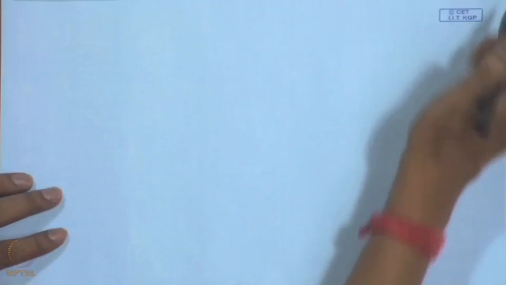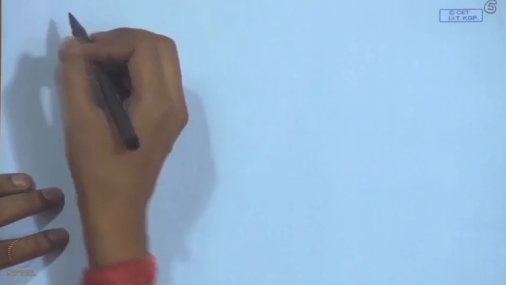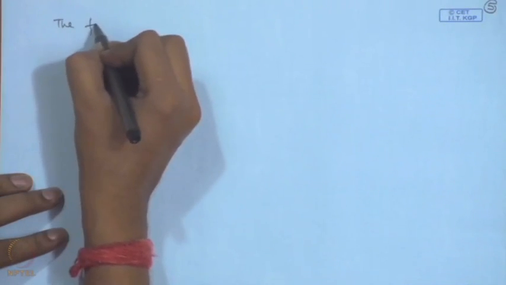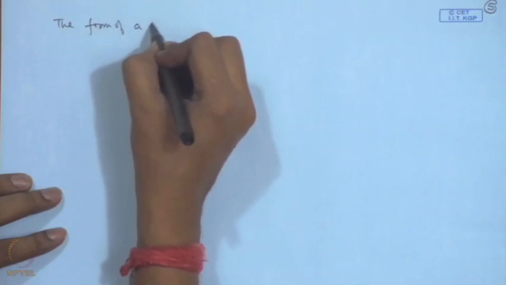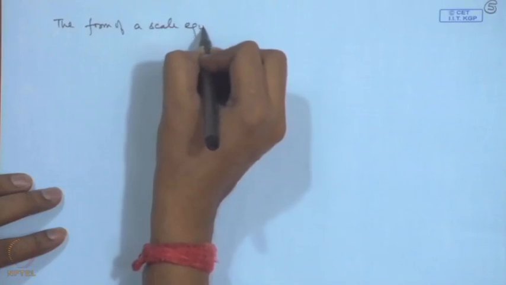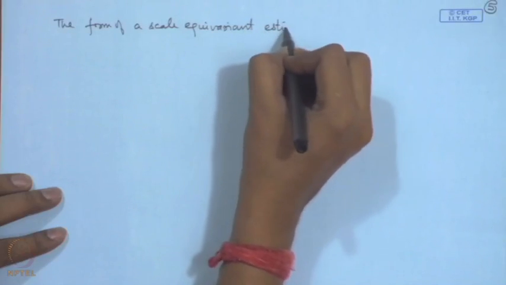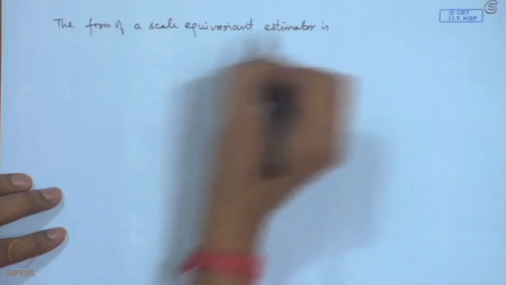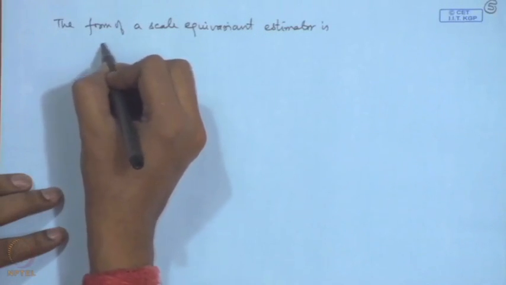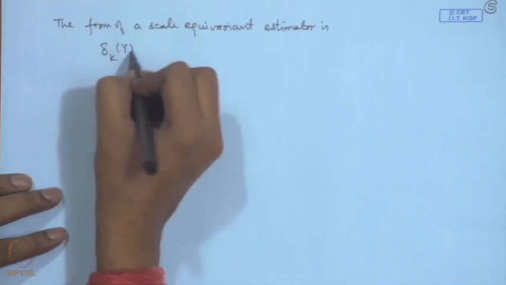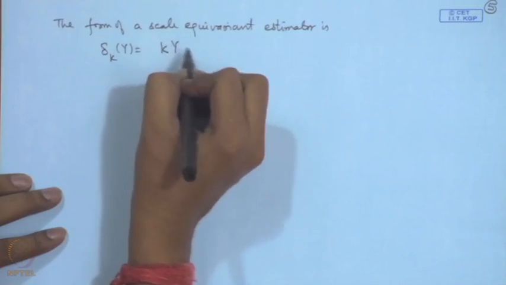So, we can write the form of a scale equivariant estimator as delta_k of y equal to k times y.